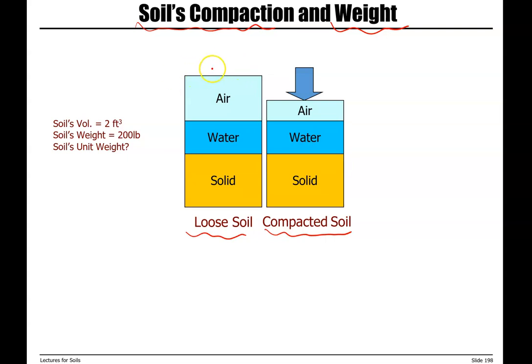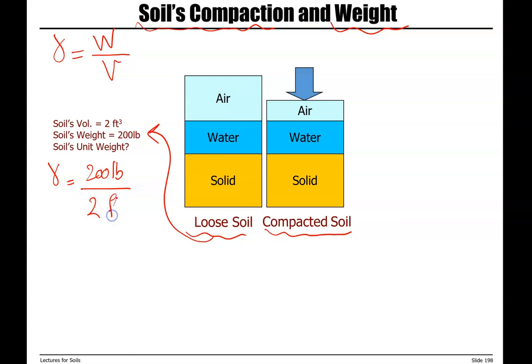The volume for our loose soil sample is 2 cubic feet and the total weight is 200 pounds. Unit weight, or gamma, is weight of soil divided by its volume. So for our loose sample, unit weight is weight 200 pounds divided by volume, which is 2 cubic feet. So unit weight of loose soil is equal to 100 pounds per cubic foot.